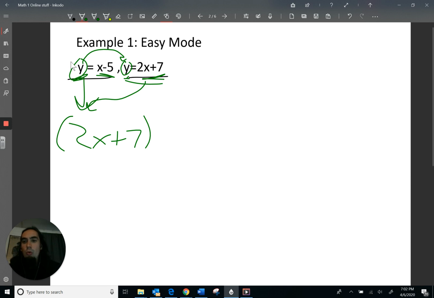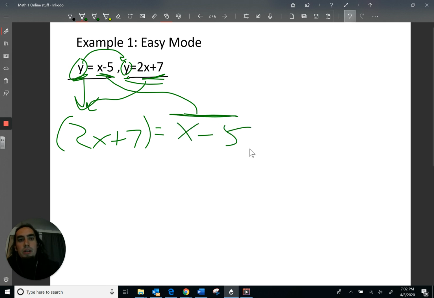So now I've got y equals x minus 5. So this x minus 5 is going to stay right here. All right, good. So my y is here equals x minus 5.